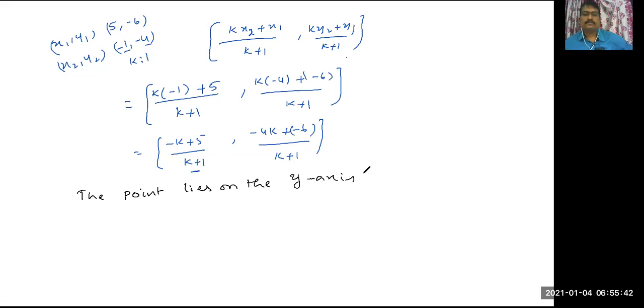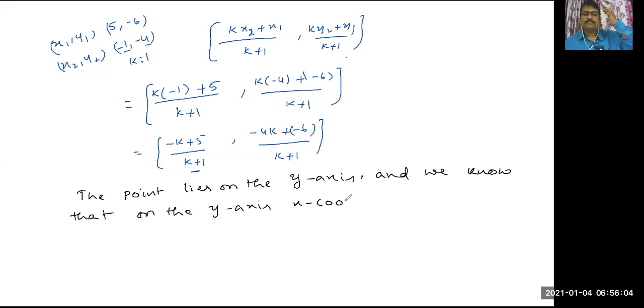We know that on the y axis the x coordinate, or abscissa, is 0. మీకు ఇందాక చెప్పినట్టు, x coordinate ని abscissa అంటారు, y coordinate ని ordinate అంటారు అని ఇంతకు ముందు చెప్పాను.